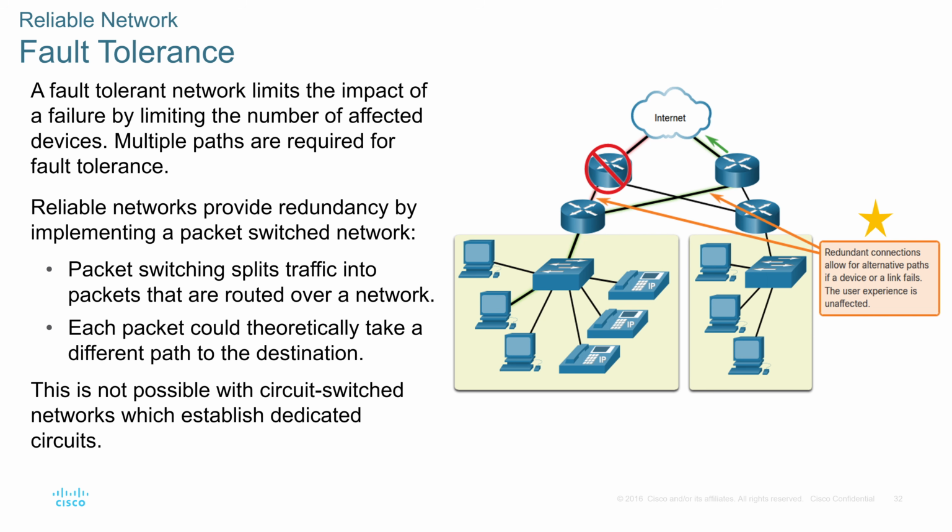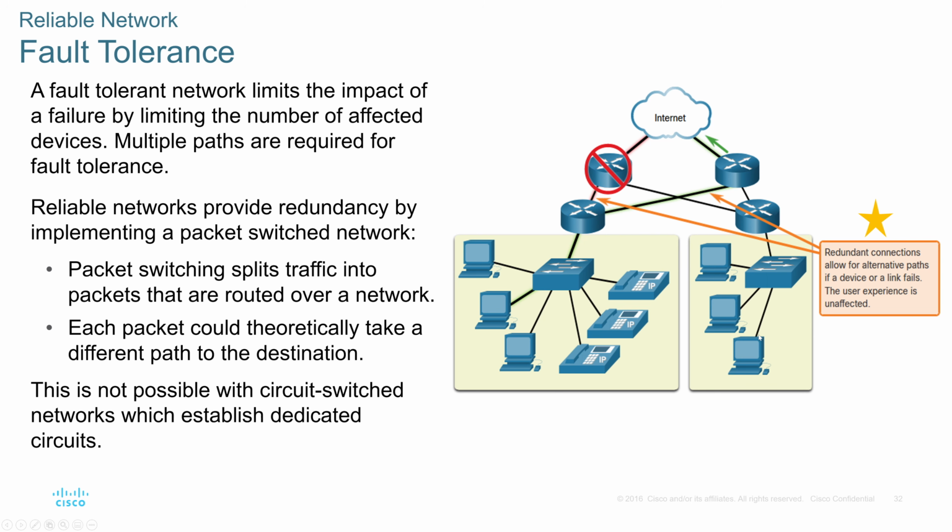Reliable networks provide redundancy by implementing a packet switched network, because packet switching can split traffic into packets that can be routed over multiple channels or multiple paths, providing redundancy. So basically, each packet could theoretically take a different path to reach the destination.